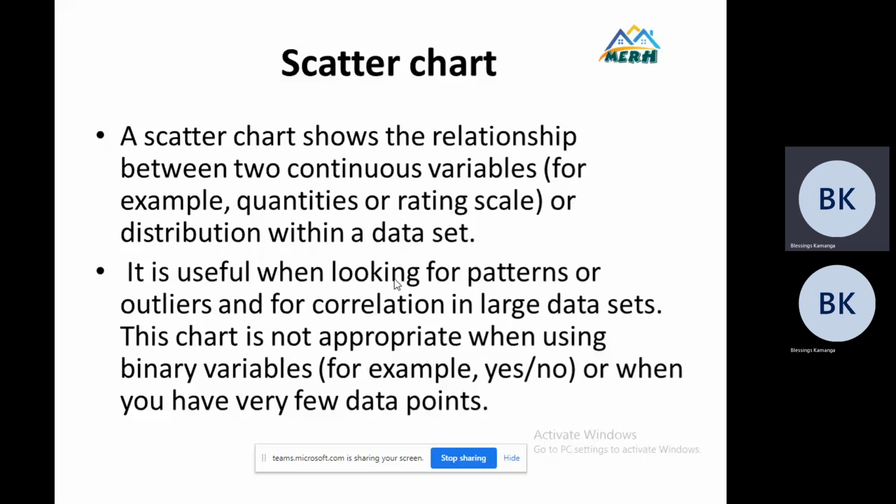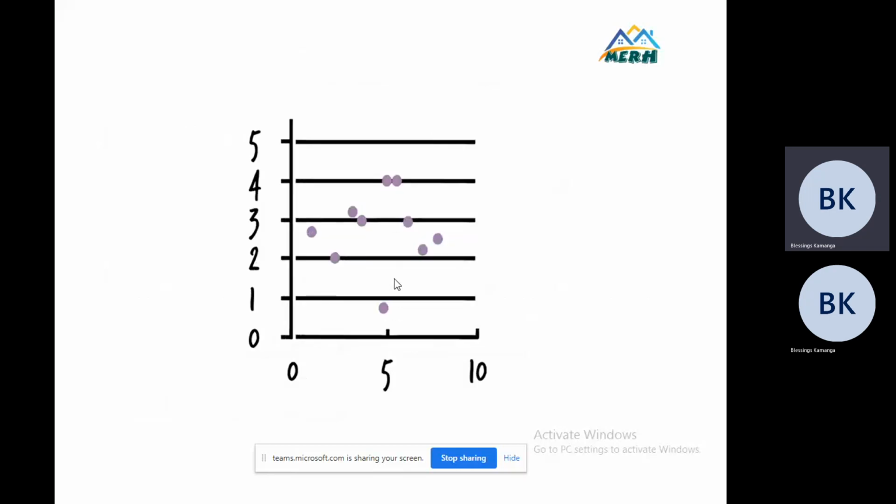So it is useful when looking for patterns or outliers and for correlation within large data sets. So it's very useful when you're looking at patterns. For instance, here you see that it's almost a W pattern, and then you have one outlier right here. So you can see across a period of time how that is correlated or is scattered along that period.